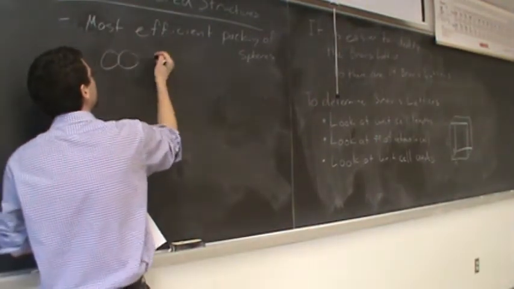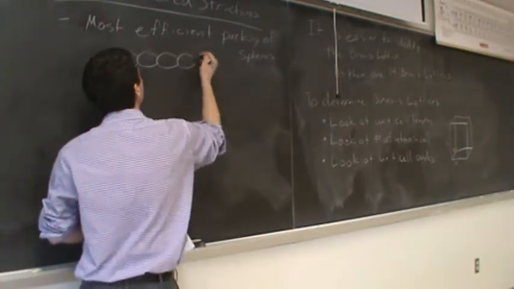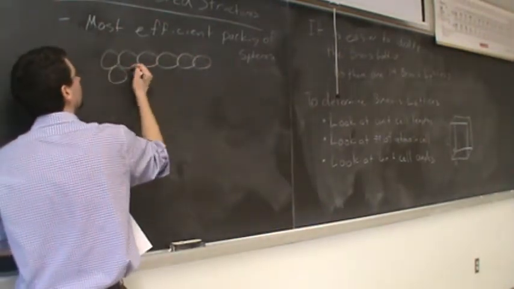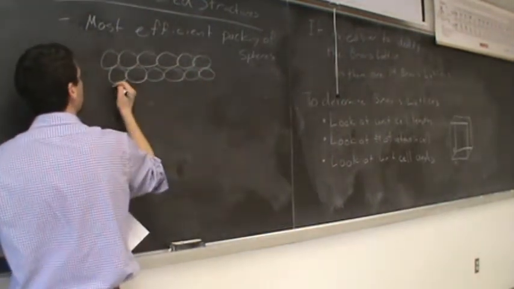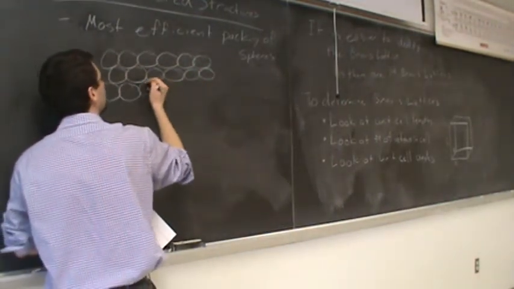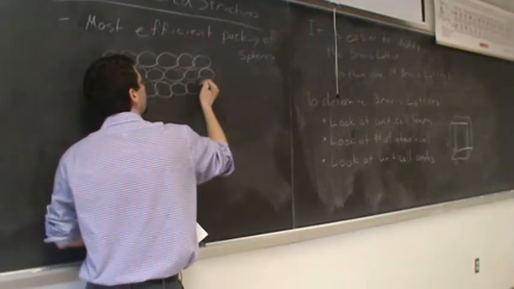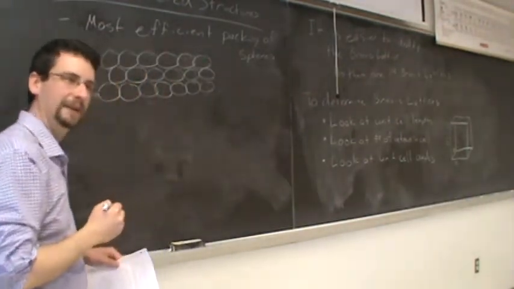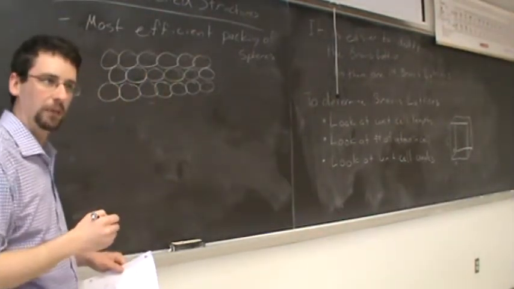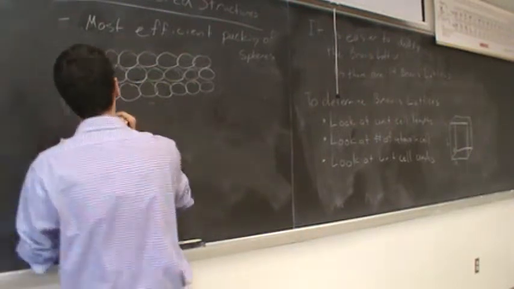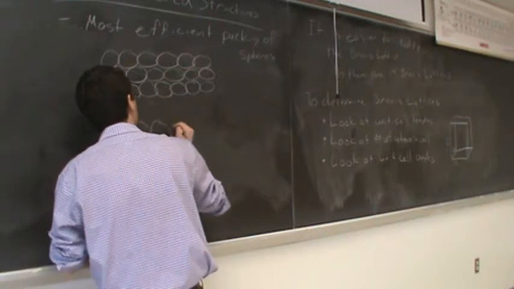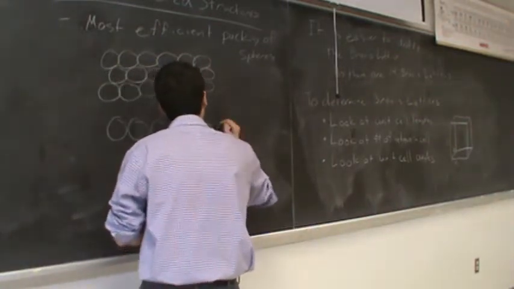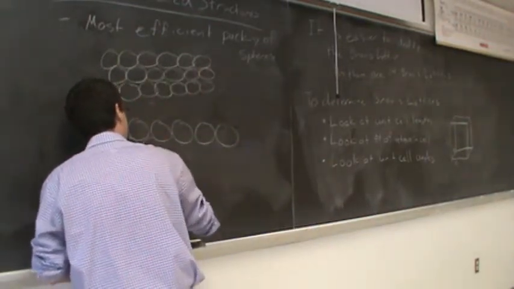So like if each of these are the spheres, we could do something like this, right? And then we'll move that one back. And we would pack them like that, right? There's another way we could approach this though too. Let's try to draw it. I hope it doesn't come out looking the same.